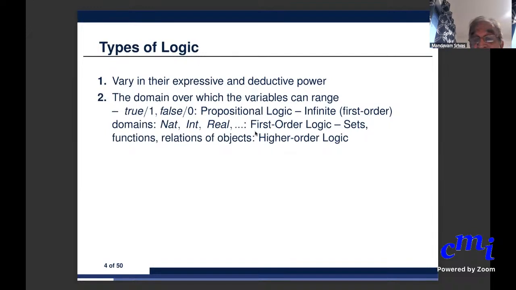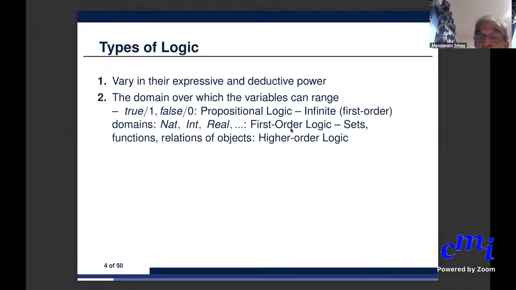And then you get first order logic. So from propositional logic, you can get to first order logic, and one of the features of first order logic is that the variables in that logic are allowed to range over other domains, possibly infinite.